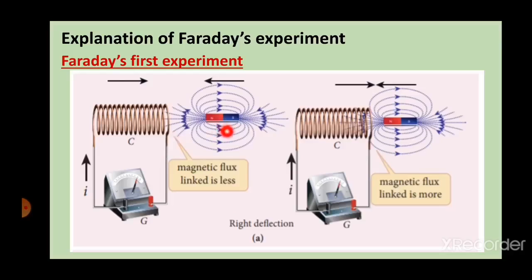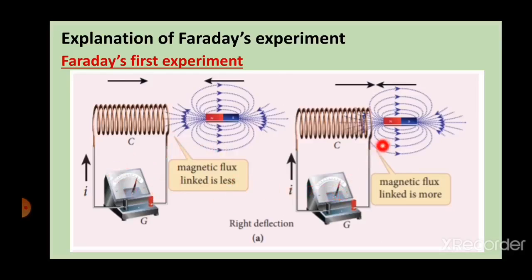In another way, you keep the magnet at rest and move the circuit away from and close to the magnet. In either case, whenever there is relative motion between the circuit and magnet, the galvanometer shows deflection.